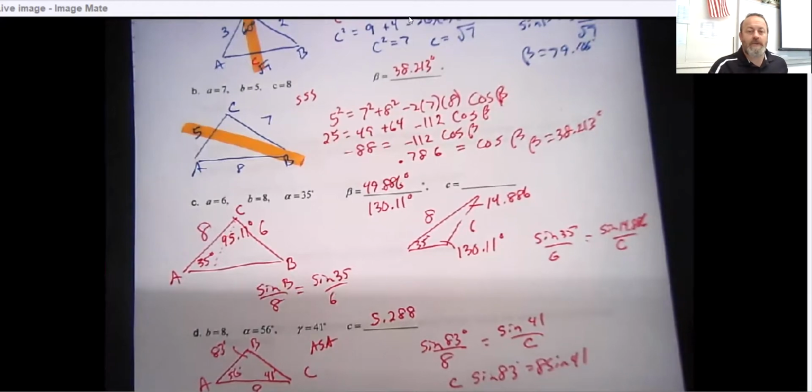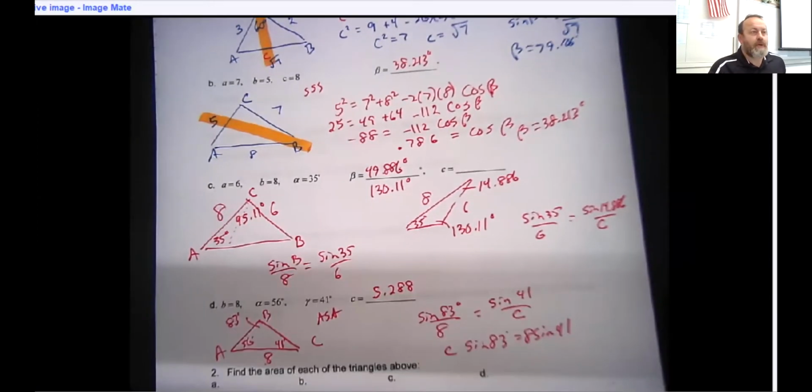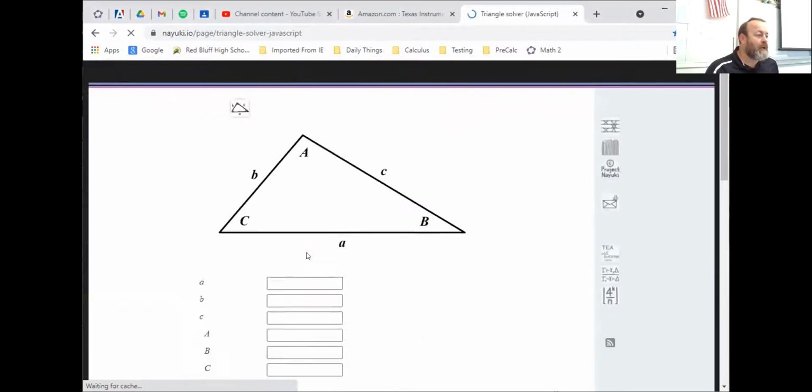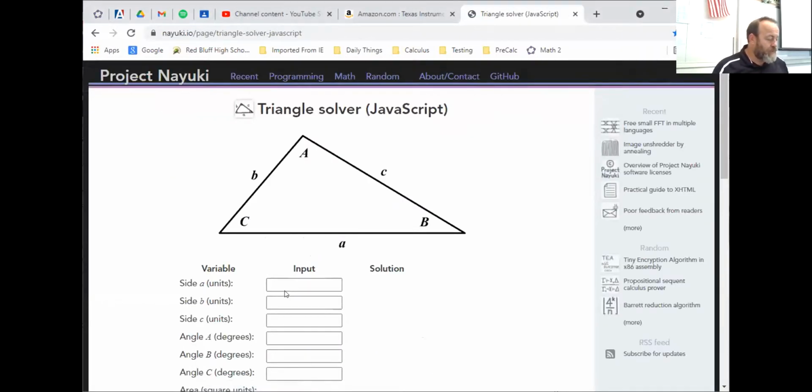And I want to remind you really quick that we do actually have an option right here to look at a program that I showed you. So I just did a Google search on Triangle Solver, and this is my favorite one, Project Nayuki. For example, the problem that we were just looking at had side A as 6, side B as 8.